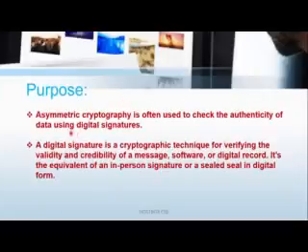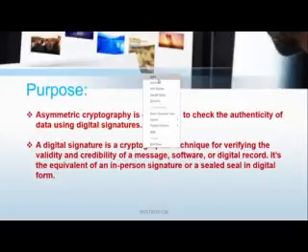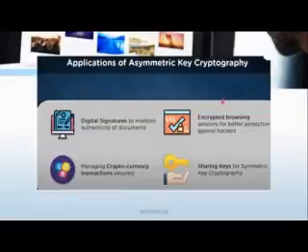What is the purpose? Asymmetric cryptography is often used to check the authenticity of data using a digital signature. What is a digital signature? A digital signature is a cryptographic technique for verifying the validity and credibility of a message, software, or digital record. Let's see some of the applications of asymmetric keys. Why do we prefer it today?